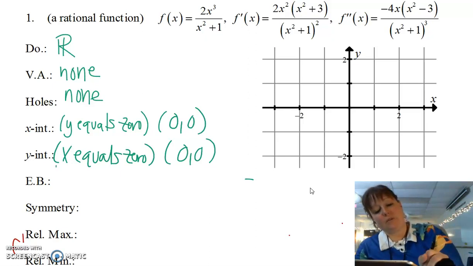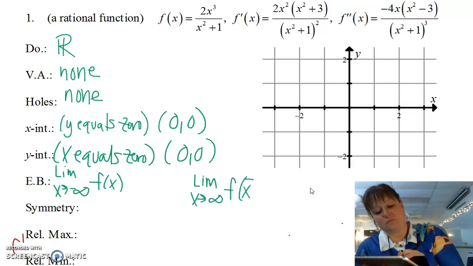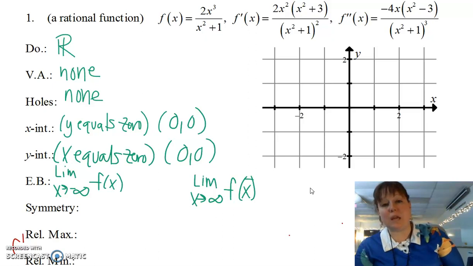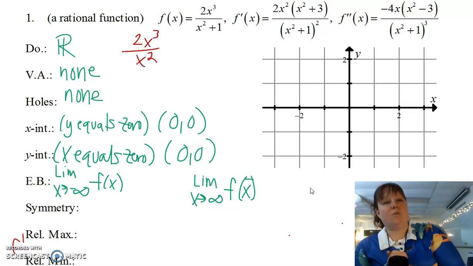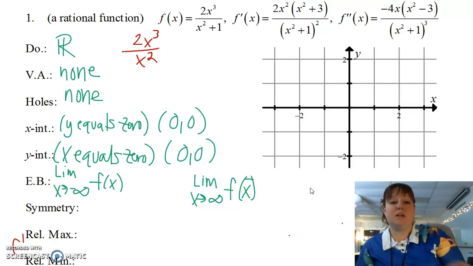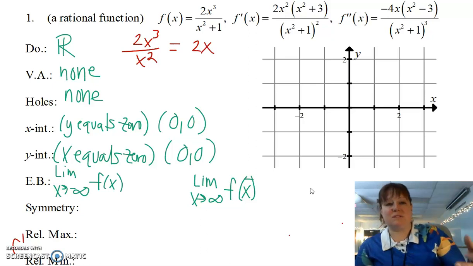So then our end behavior, remember these are limits. So the limit as x approaches negative infinity of f of x, and the limit as x approaches infinity of f of x. All right, so what is this doing as it approaches infinity? Well, really what we have here is 2x cubed over x squared, right? And so when I put huge numbers in here, this behaves basically like 2x, because x cubed divided by x squared is just x.